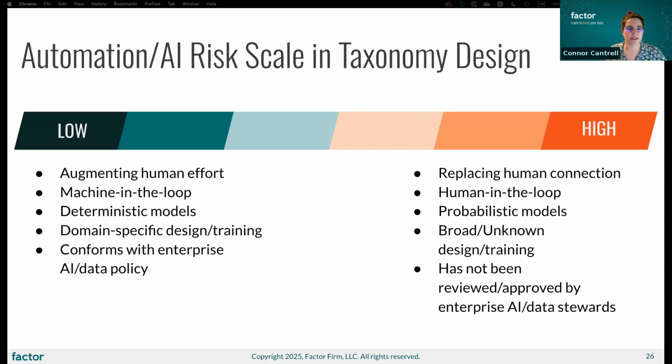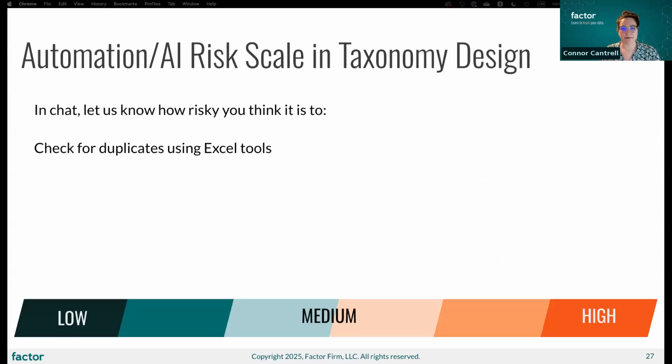For example, even if it's as simple as adopting a minor linguistic shift, like trying to use machine in the loop over human in the loop more, or choosing to take an extra hour to do a task more manually. In reality, you may be saving yourself and your organization a lot of time and money from cleaning up after a risky AI application.